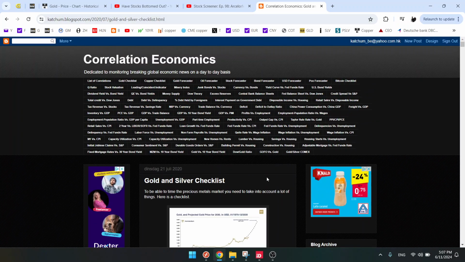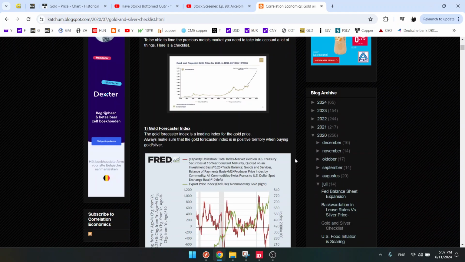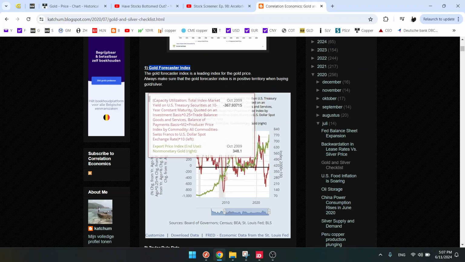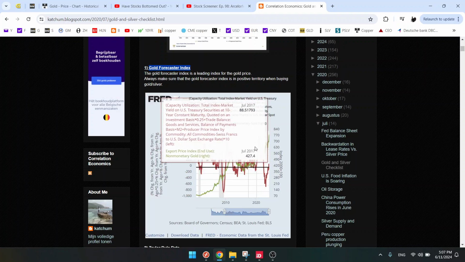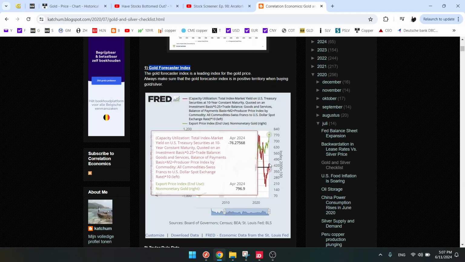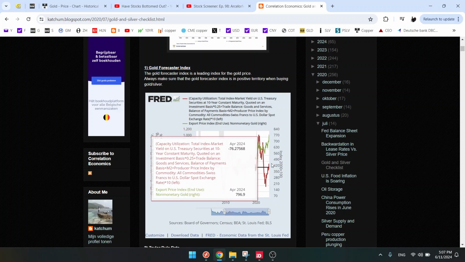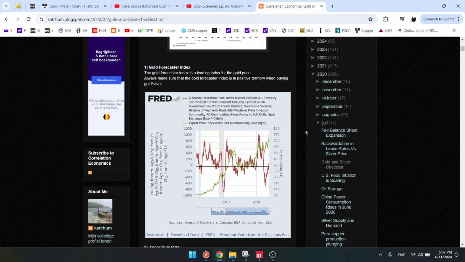So use this page and then you can forecast gold. Gold forecast index is of course the most important, because this is a leading index and you can easily see that this is a predictor of the gold price. Okay, so just watch where the red line is and then you will know where gold will go to.